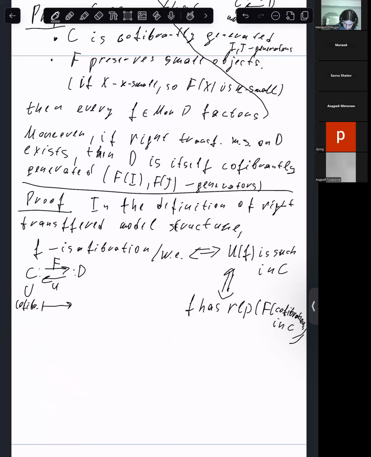We can take images of these cofibrations by F. If a map has the right lifting property against these maps, that are not cofibrations in D but some maps, then it is a fibration in D in our first definition.